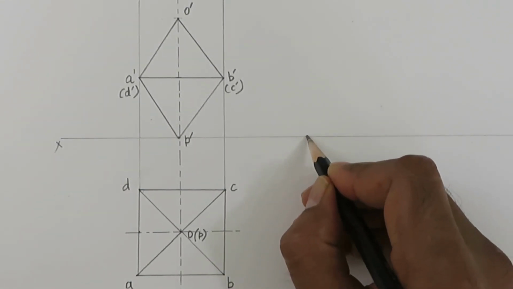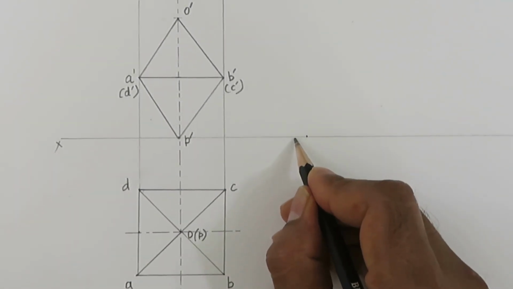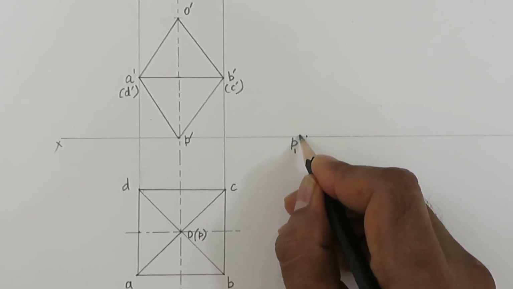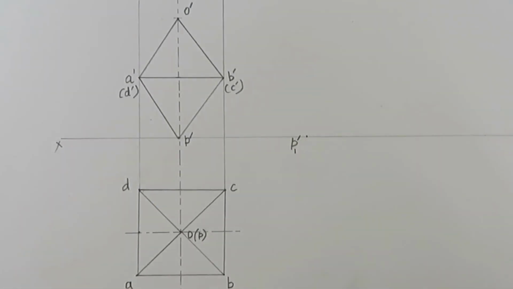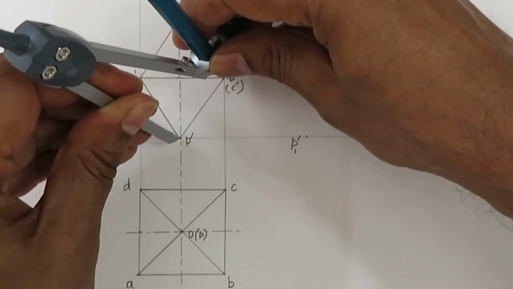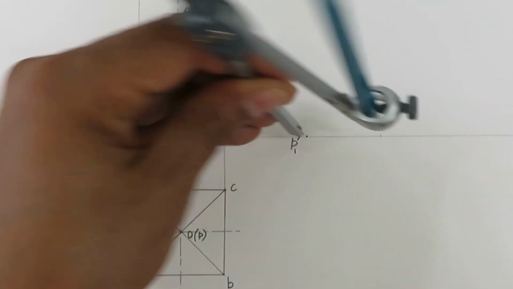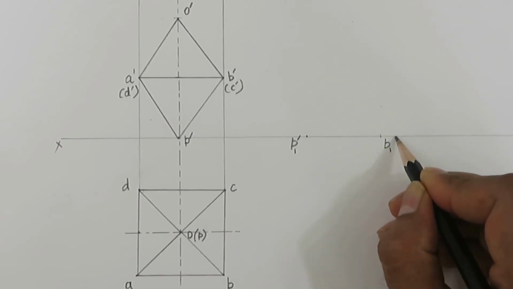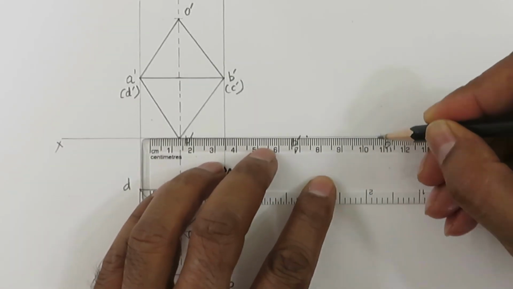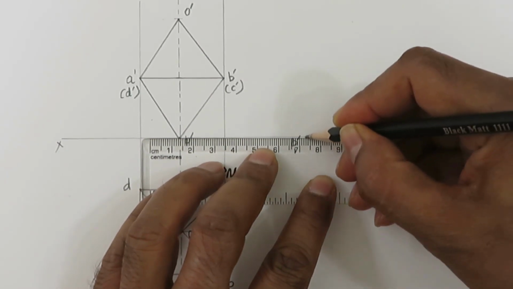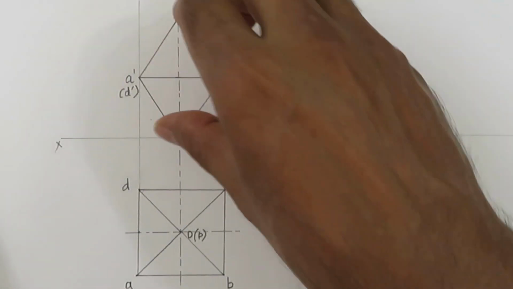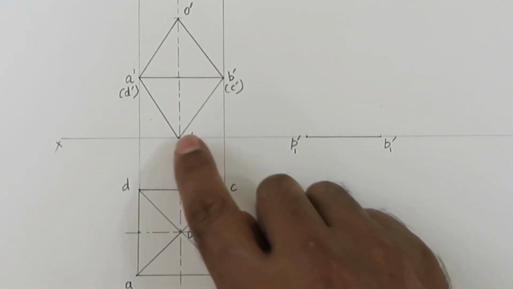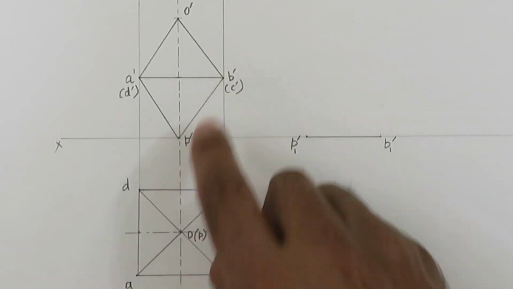So for example, if we use this point as P, so now we will use P1 prime, and so this is B1 prime. So we can draw the thick line here. So now basically we have to rotate this in this fashion. So we have already drawn PB, this edge.